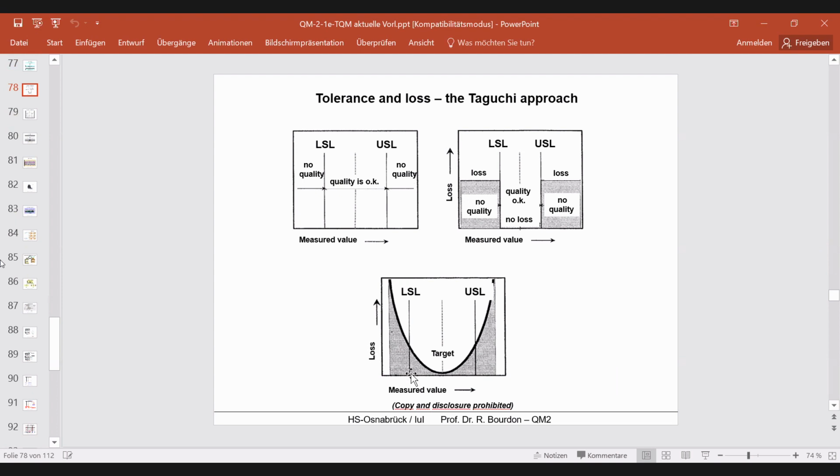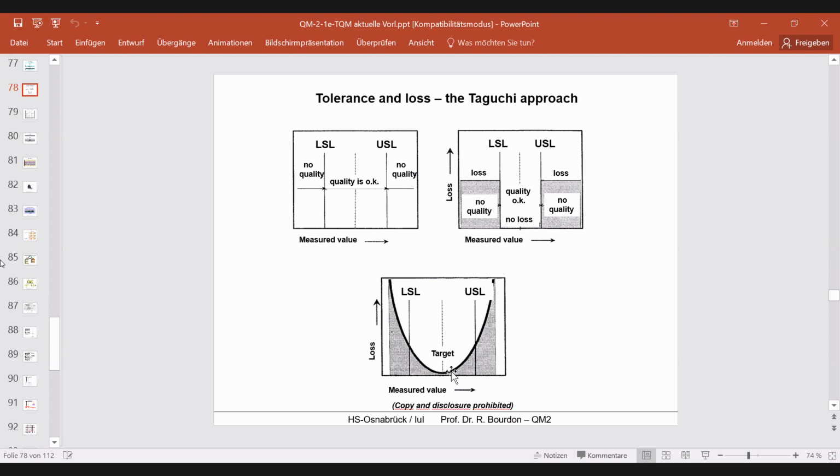Taguchi was the first one who said this is not so true. It is more like a curve. The curve like you see here. This curve means that the loss is only a minimum in the area of the target value. There's a small area here around the target where the loss is very low.